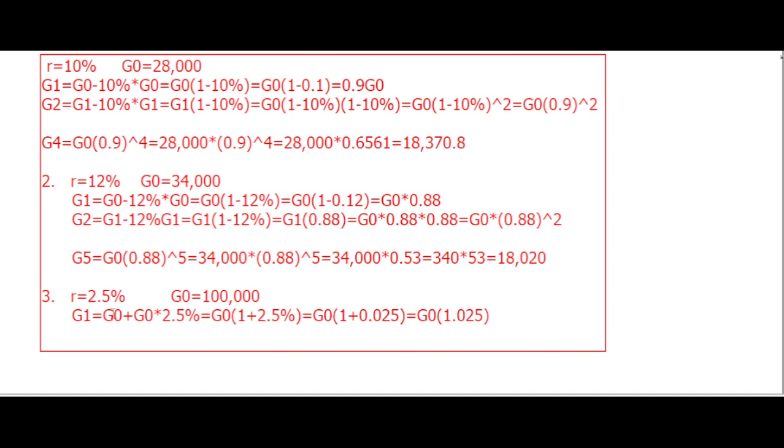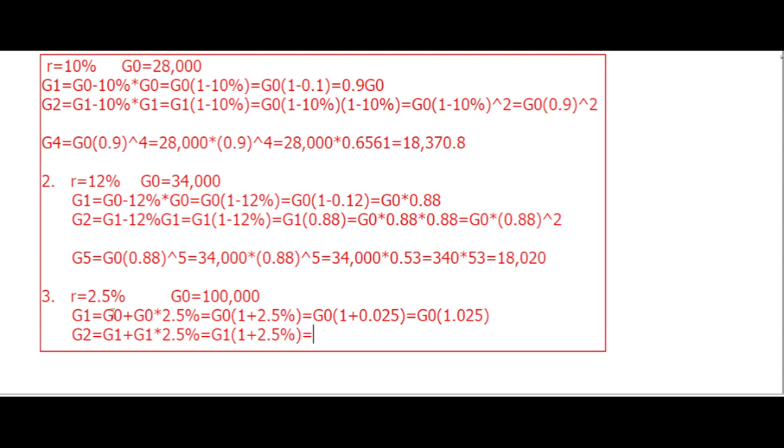Now let's calculate it for G2. G2 is equal to G1 plus G1 times 2.5%. Let's take common G1 here, G1 into 1 plus 2.5%.